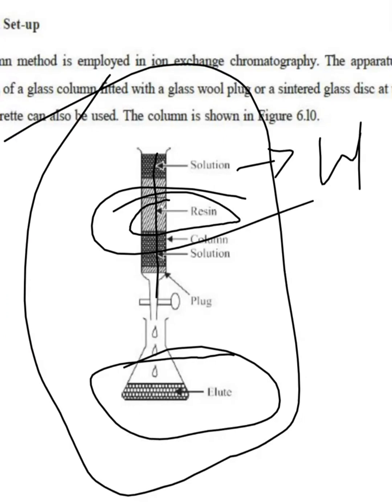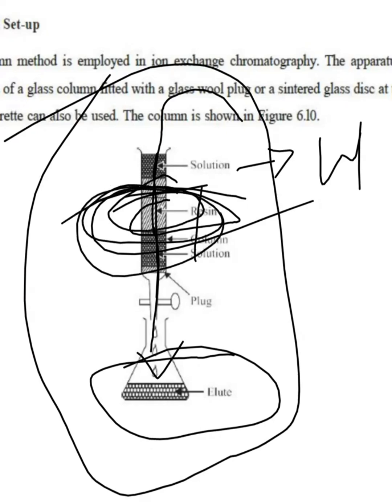So this is the experimental setup, and further, in packing the column, there are some criteria to be followed. There should be a continuous flow of the mobile phase. If the flow stops or is less, the resins get dried, so you should not let the resins or stationary phase dry.